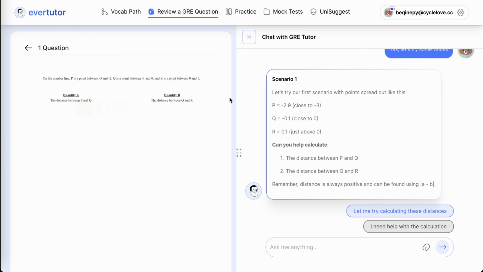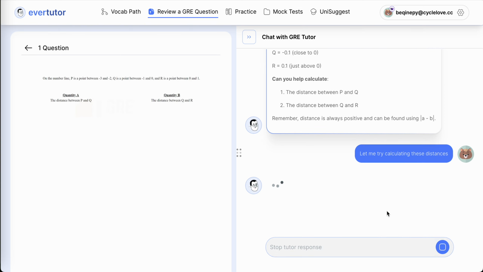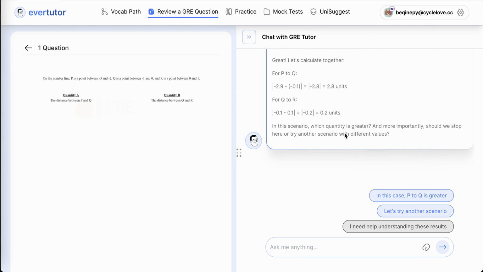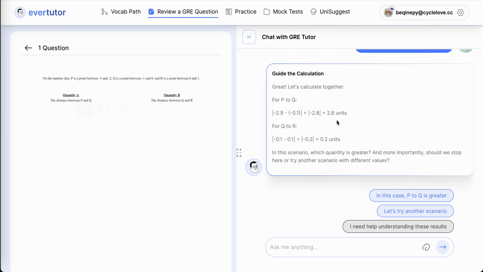Q is near the upper bound, -0.1, and R is 0.1, just above 0, which is the lower bound for it. So the distances come out to be 2.8 units and 0.2 units.